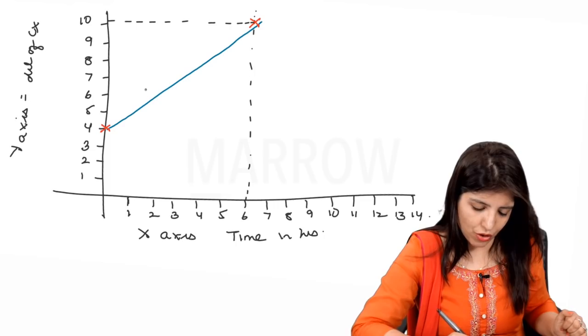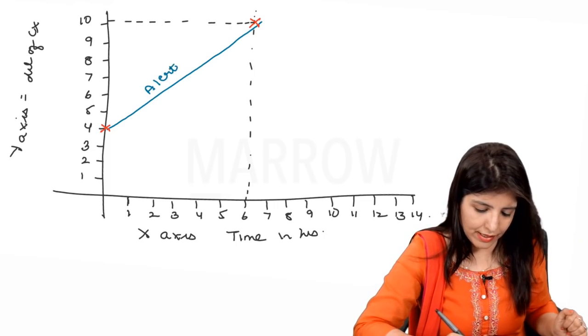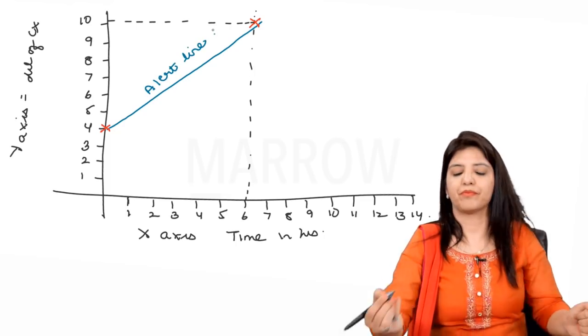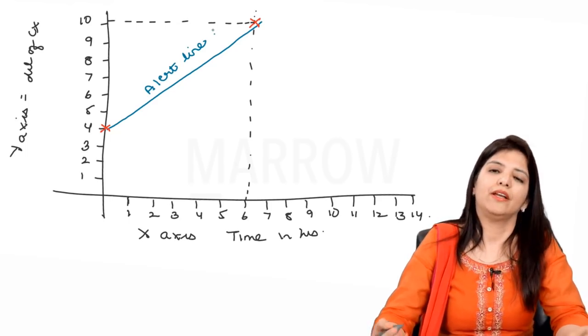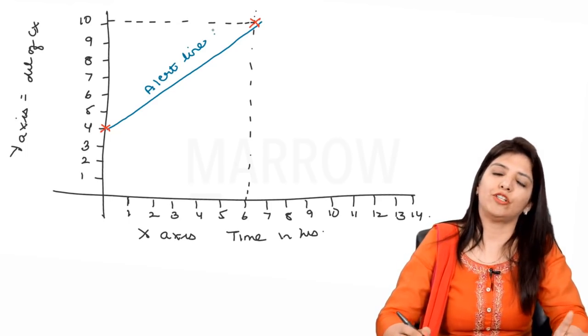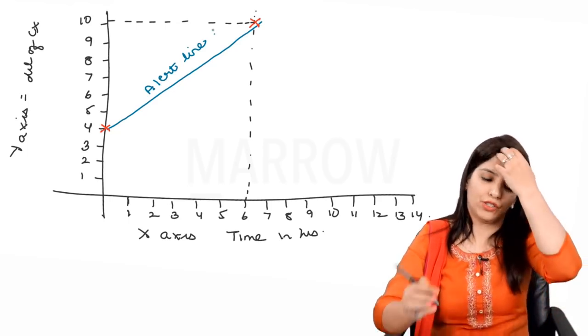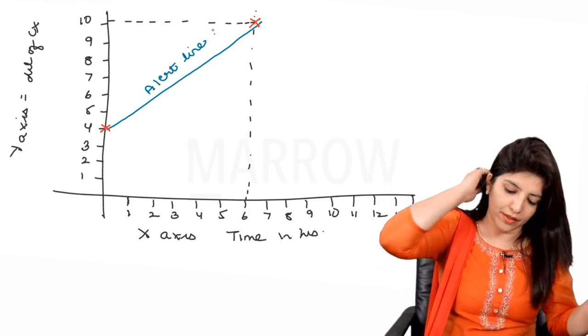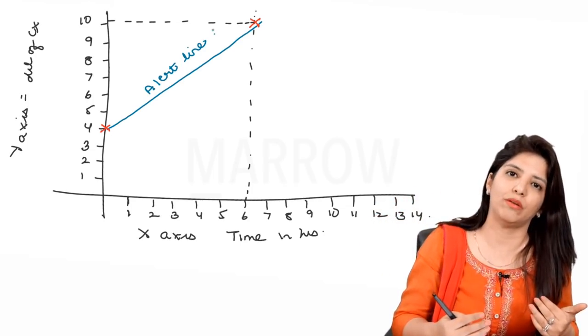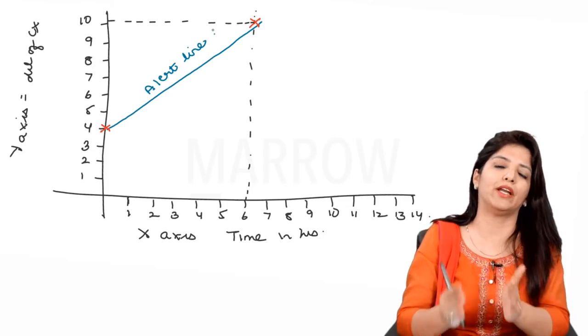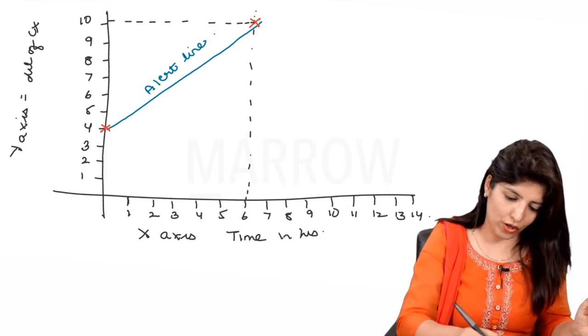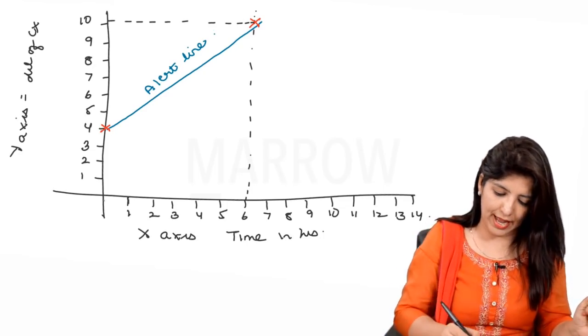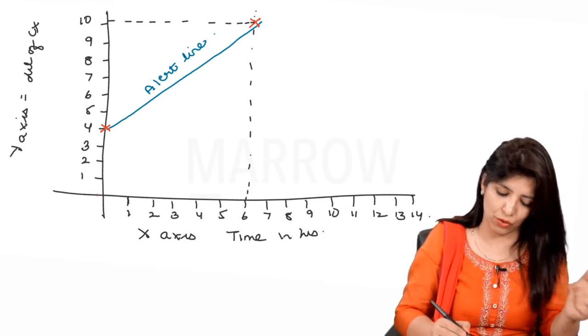This becomes your alert line, right? Now the same thing, the time difference between alert line and action line is 4 hours. So the beginning of your action line will be 4 hours away from the beginning of your alert line. Your alert line was beginning at the time of admission, 0 hours, right?